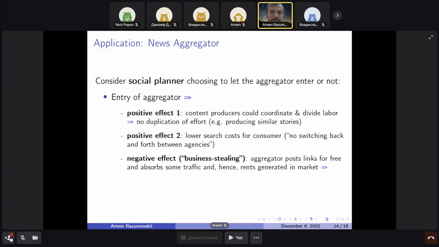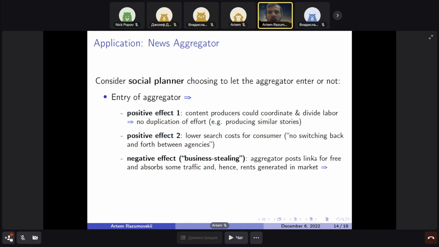In other words, it depends on how much time agents spend on their website. Before, agents needed to search across the agencies, so they needed to go to their website, spend time, check the news, observe advertisers, and then go to another agency and do the same there.